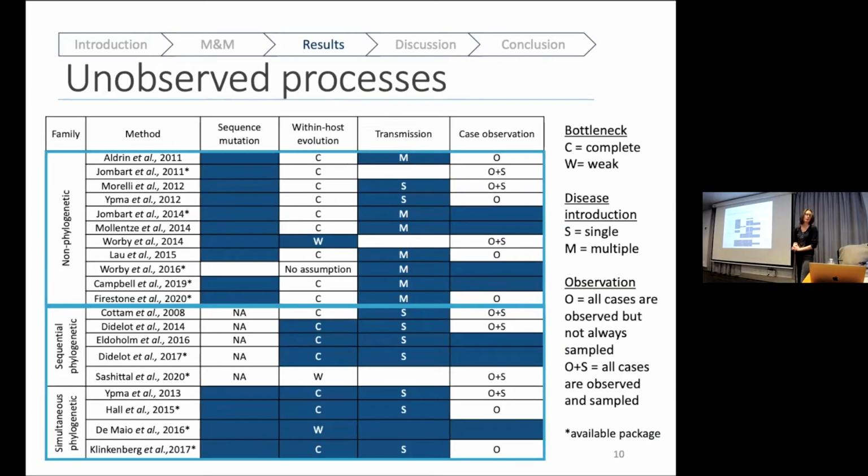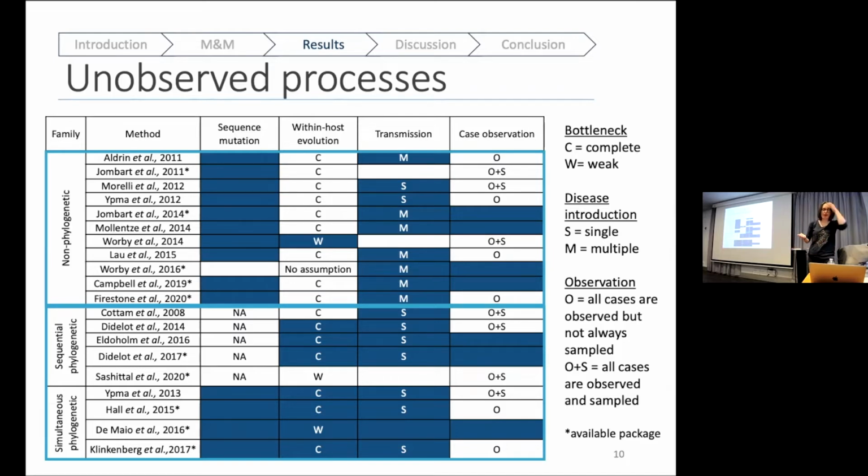So this table here represents the four unobserved processes. Dark blue indicates that the process was explicitly modeled in the method. We can see, for instance, that in the within host evolution column, few methods explicitly modeled this process. However, most methods made limiting assumptions on the outbreak.